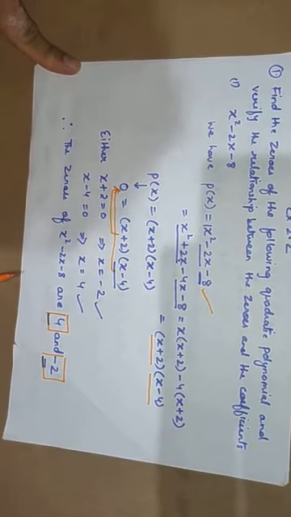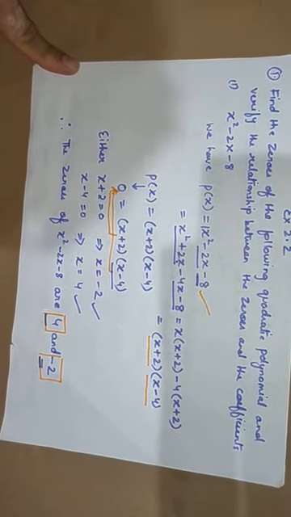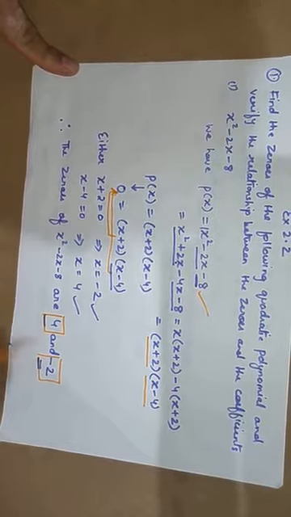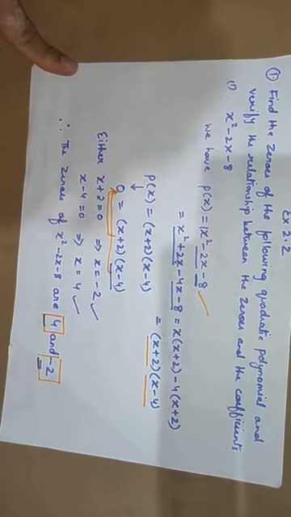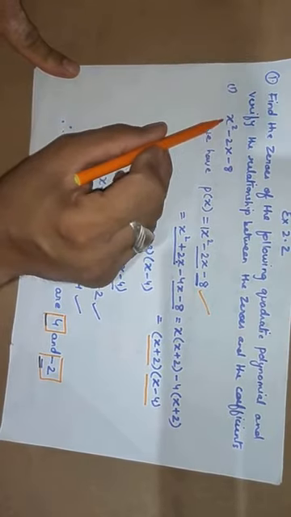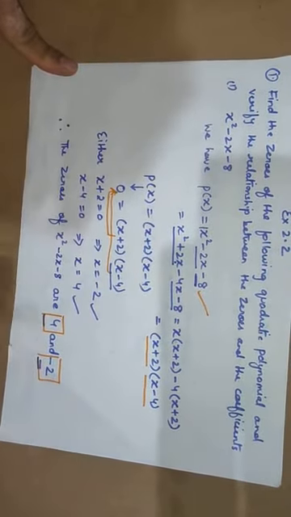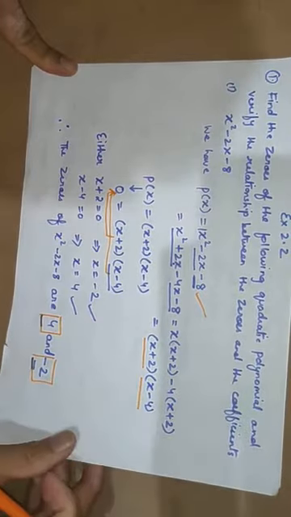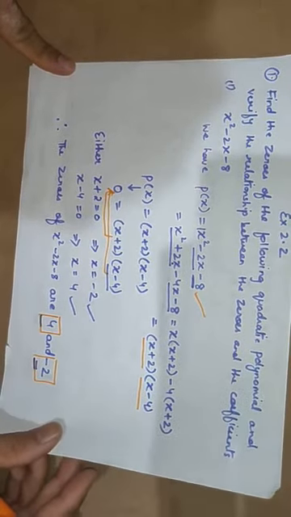Suppose in the question one of the zeros, either 4 or minus 2, is given, and you need to find the other zero of this polynomial. Let us look at the same example.